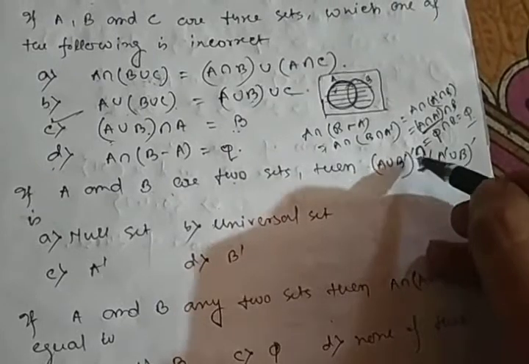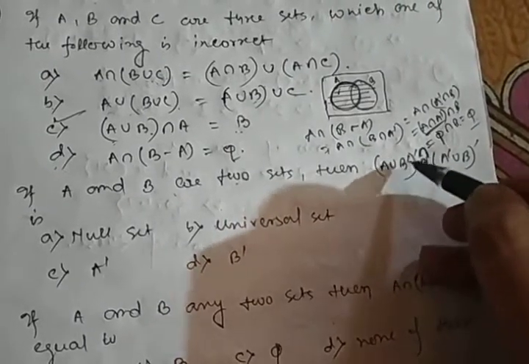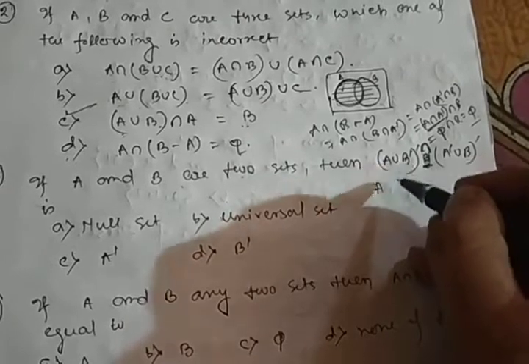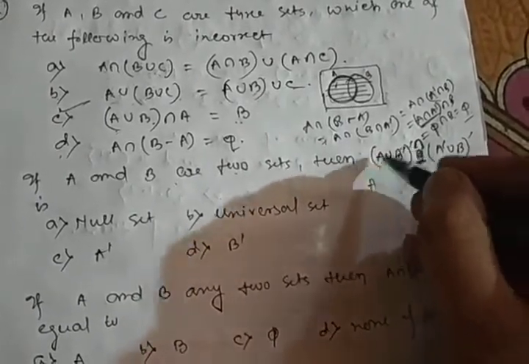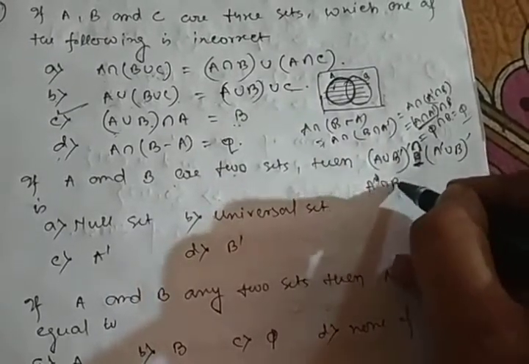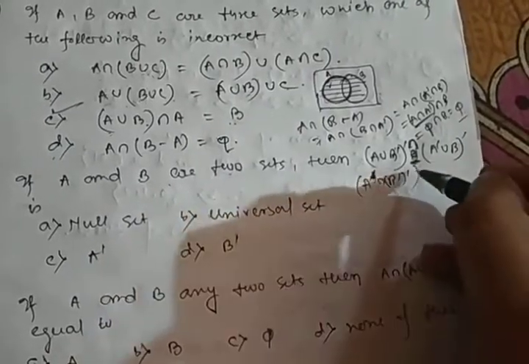The correct question will be ((A union B) dash)' intersection ((A' union B)')'. So if we calculate this part, by De Morgan's law, ((A union B) dash) complement equals A complement intersection B complement of complement. First option will be this.